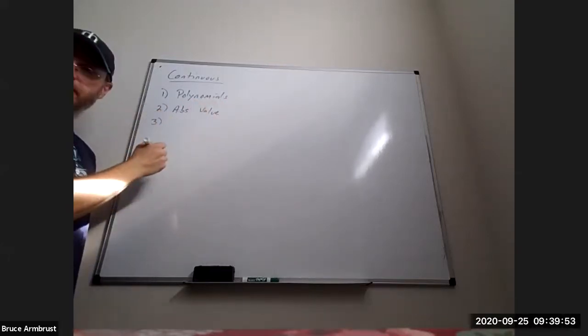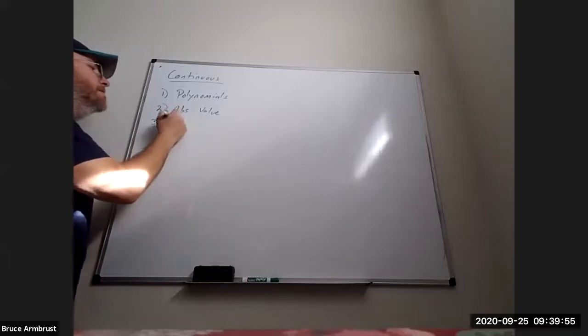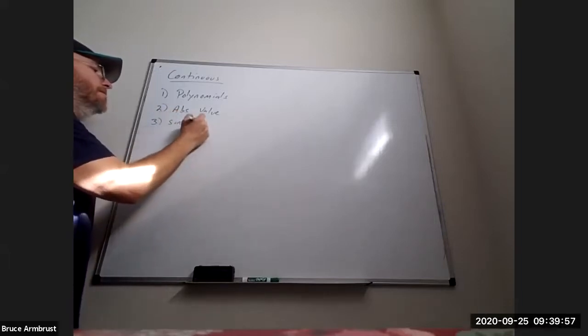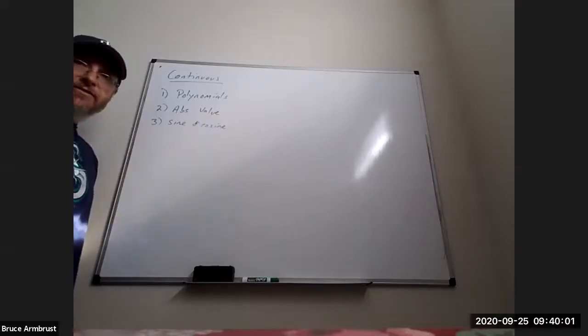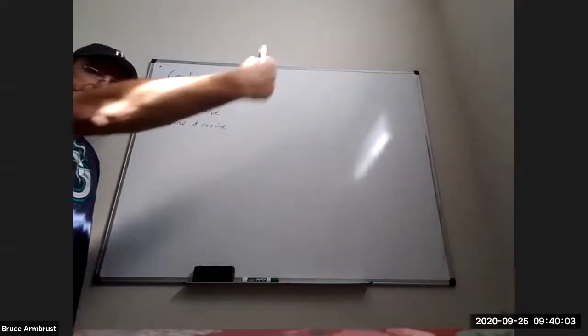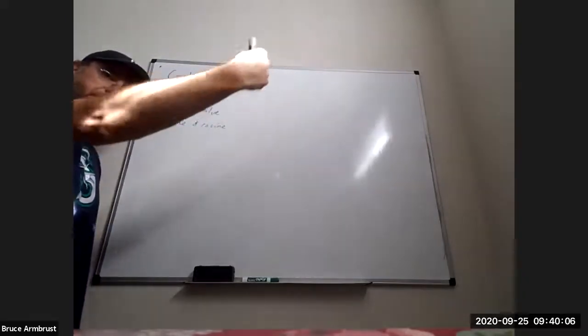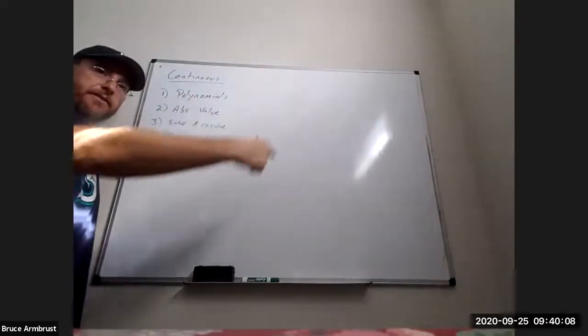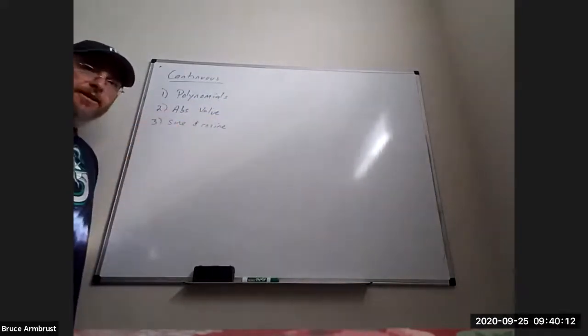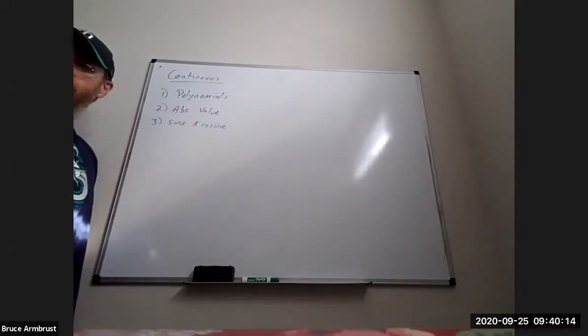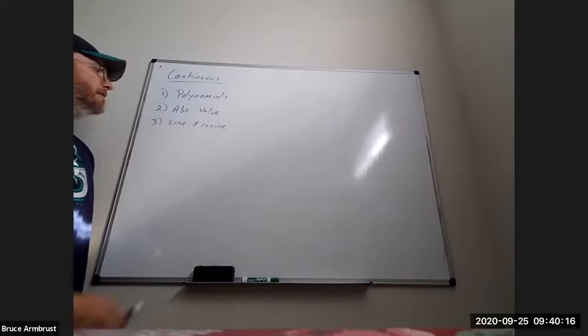And someone else put sine and cosine. Think about those graphs. Absolute value, remember that's the V, once we start drawing it, we're good. Sine and cosine, that's just the waves, and once we start drawing it, we keep drawing it. So sine and cosine, good, that's another one.